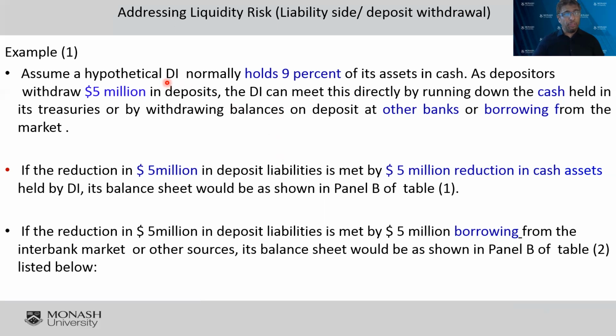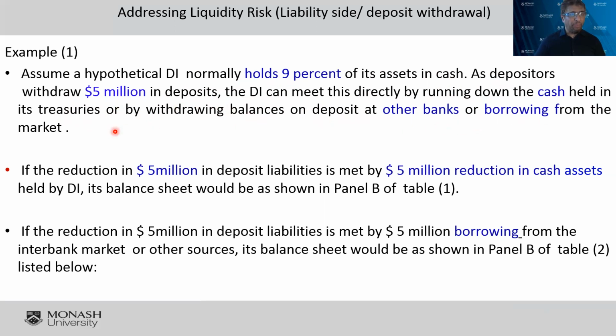Now, assume a hypothetical DI, depository institution, normally holds 9% of its assets in cash. As depositors withdraw 5 million in deposits, the depository institution can meet this directly by running down cash held in its treasuries, or by withdrawing balances on deposit at other banks, or borrowing.